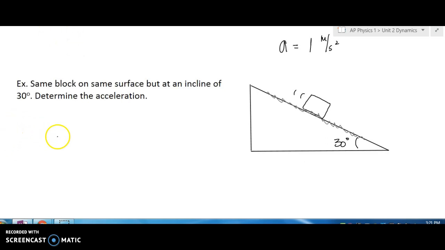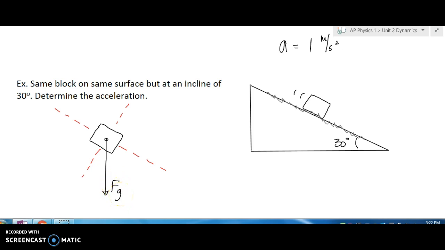Okay, so we're going to draw a free body diagram. I'm going to recreate my little object at the same angle there. I'm going to make the x-axis parallel to the inclined plane, and the y-axis perpendicular to the inclined plane, so that my weight force is straight down.